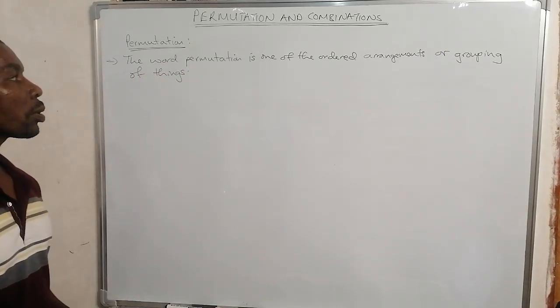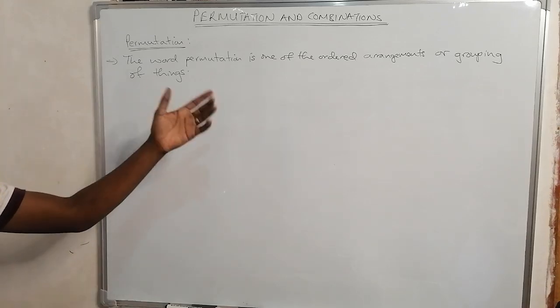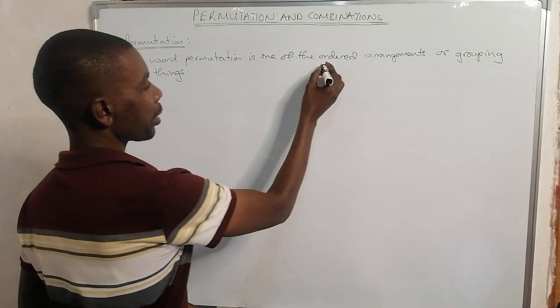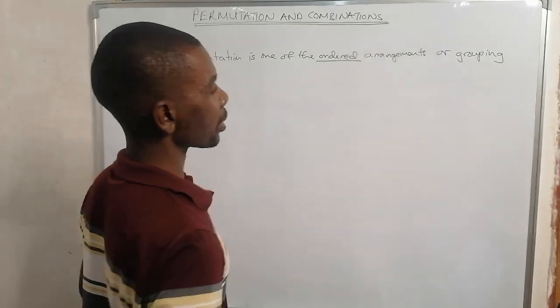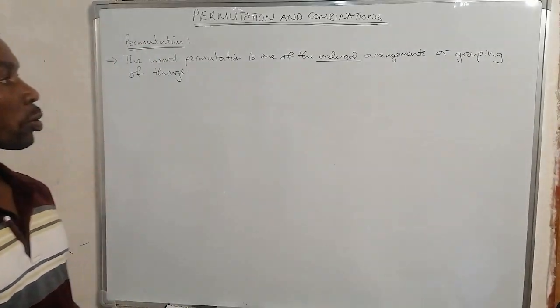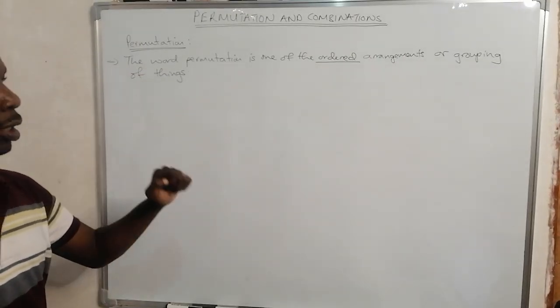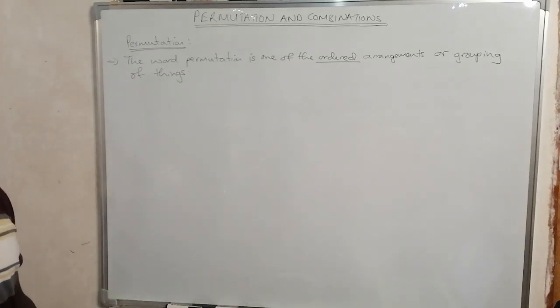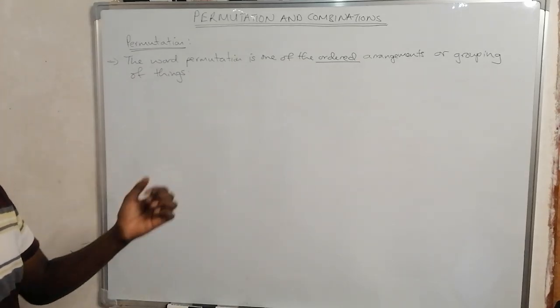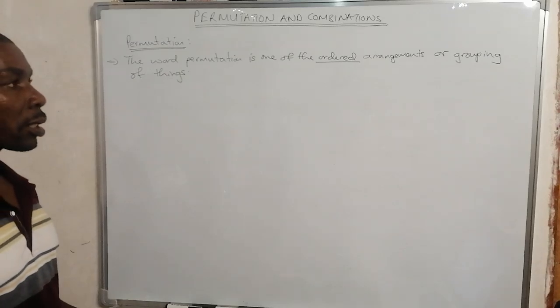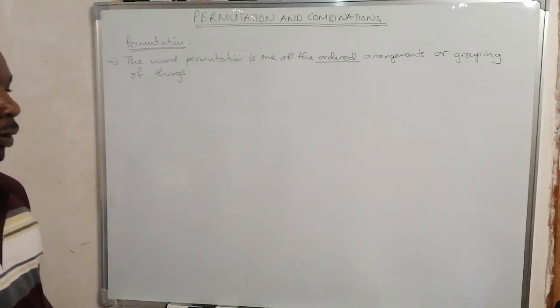Under permutation, order matters. We will see under combination we will not consider order, but under permutation we are looking at ordered arrangements or a grouping of things.